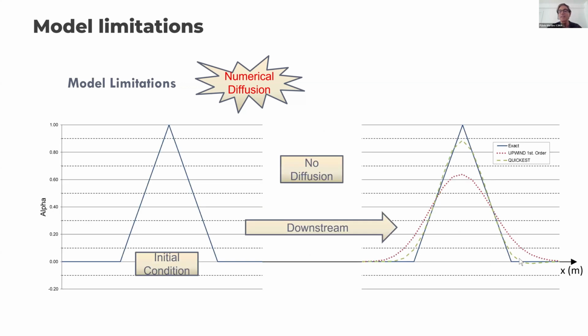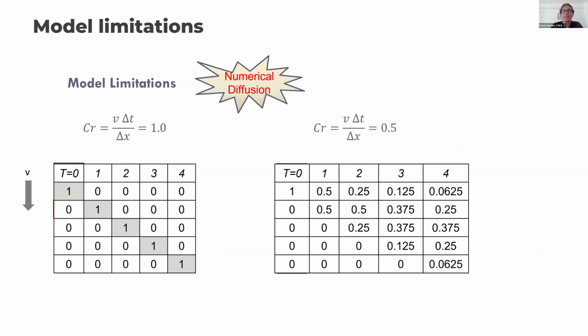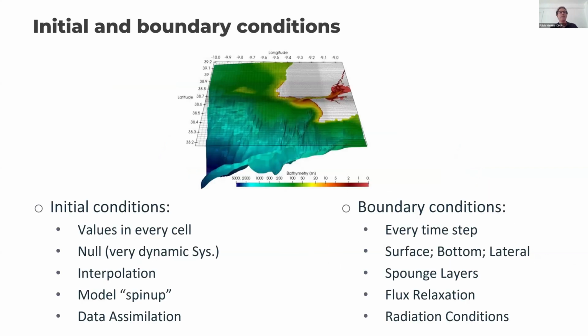I showed you here this line, QUICKEST, a numerical method that is more efficient in terms of controlling the numerical diffusion. So there are numerical ways of trying to control it. We never solve it, but sometimes we need to control it a bit better than usual. Okay, so this is another model limitation.